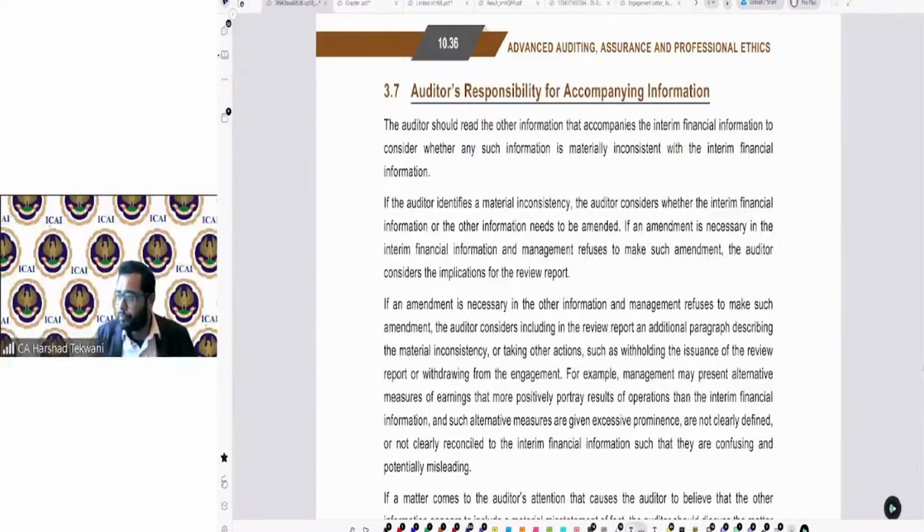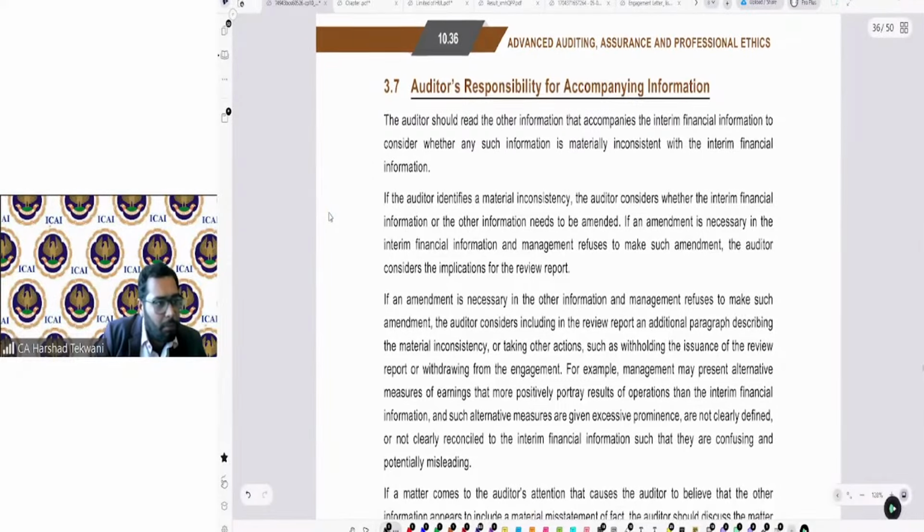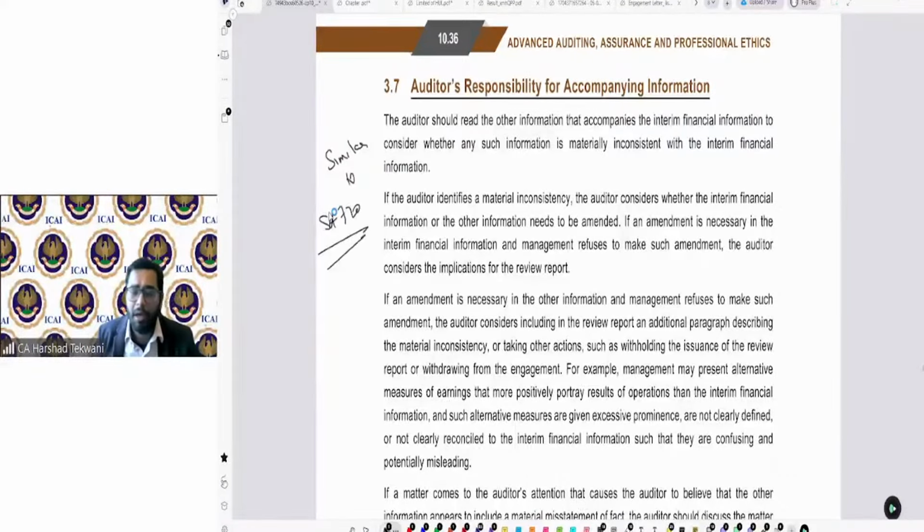Remember? SA 720, auditor's responsibility relating to the other information. Similar to SA 720.